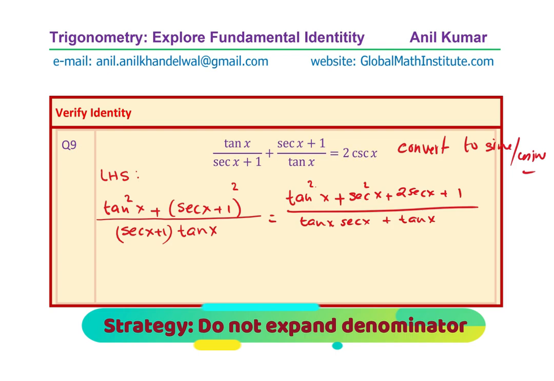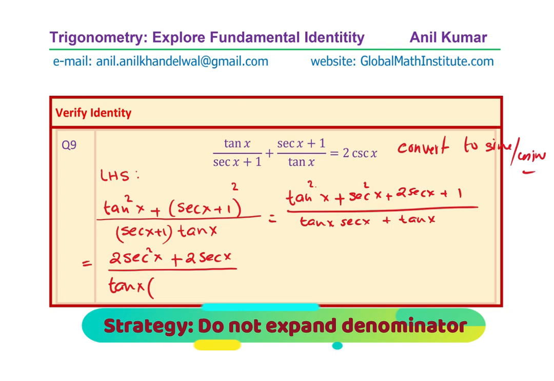So tan square x plus 1 is secant square x. So you could write this as equal to 2 secant square x plus 2 secant x over the expression which we have, tan x and we have secant x plus 1.